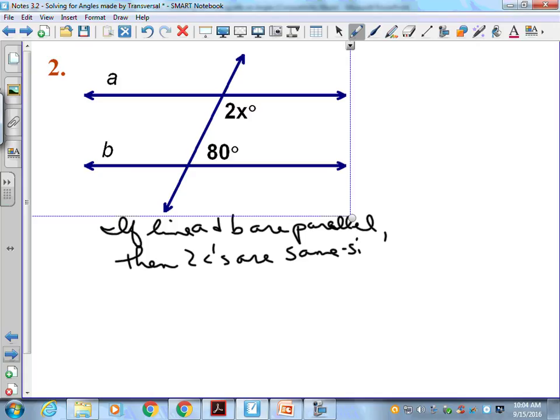What's the other name for that? Huh? Consecutive interior. So same side interior. We'll just abbreviate, it's going to get too long and I can't reach it. What's the relationship between same side interior angles? Alright, so they're supplementary.